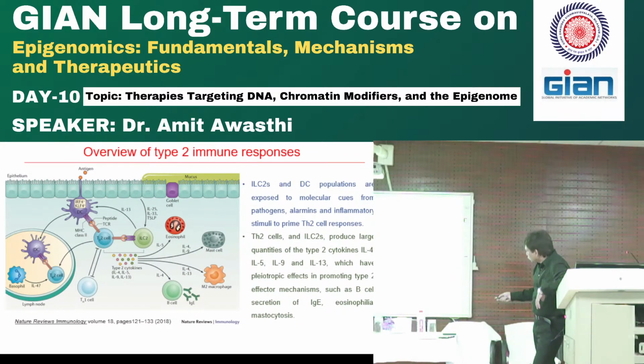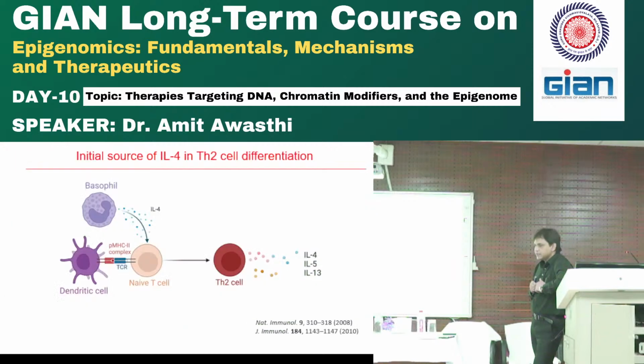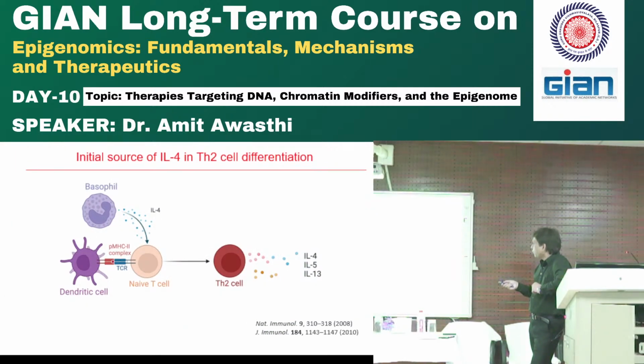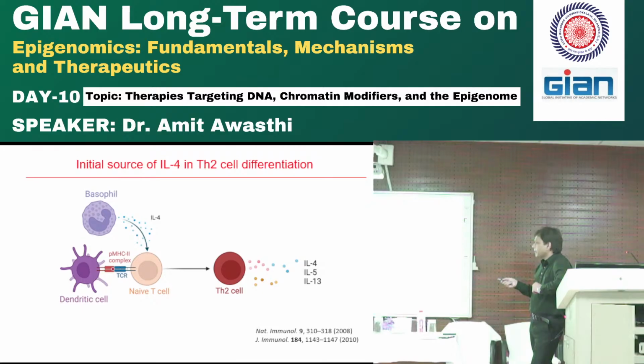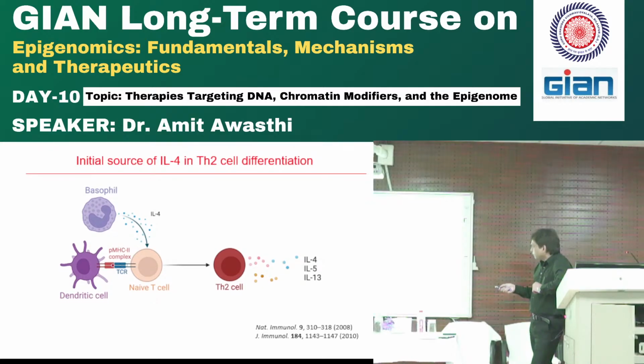Based on these two papers, I could draw this diagram just to emphasize two things: that the initial burst of IL-4 is coming from the basophil, but activation is happening through the dendritic cells, with class 2 and signal 2.